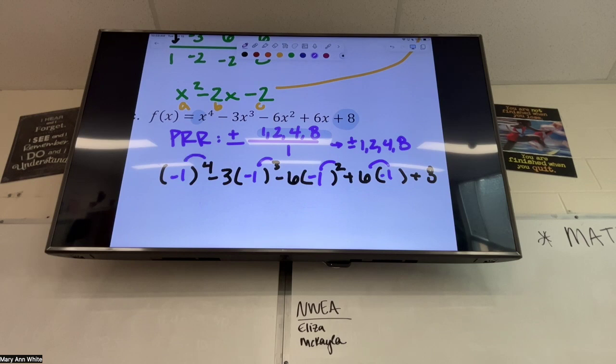-1 to the 4th, is that going to be positive or negative? +1. -1 to the 3rd is going to be -1. -1 times -3 is +3. -1 squared is +1 times -6 is -6. 6 times -1 is -6, and then +8.